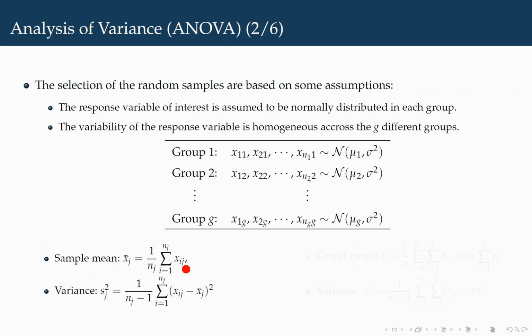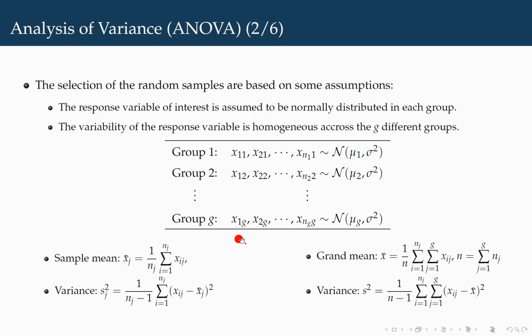Similarly, we can determine the sample variance of each group. The sample variance of the jth group is 1 over the number of observations in that group minus 1 times the sum of the squares of the deviation of each value taken from their corresponding mean. So these are the summary statistics representing each group.